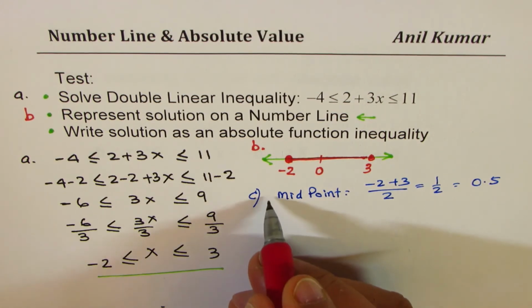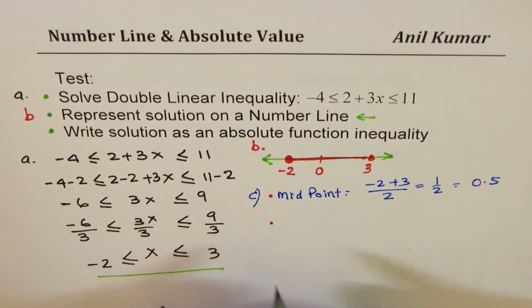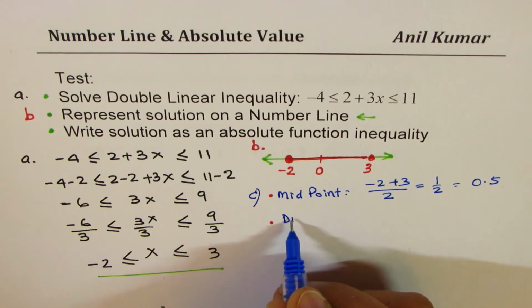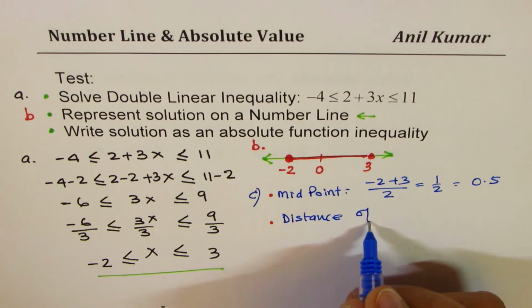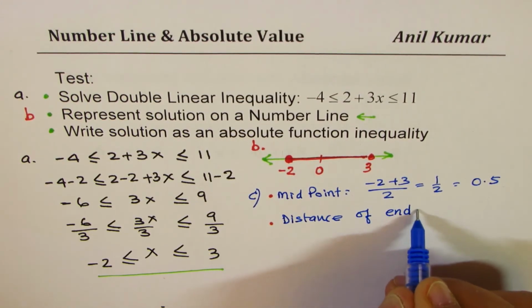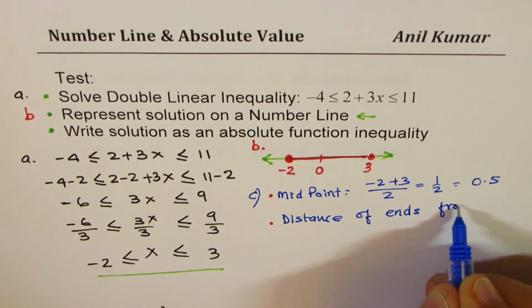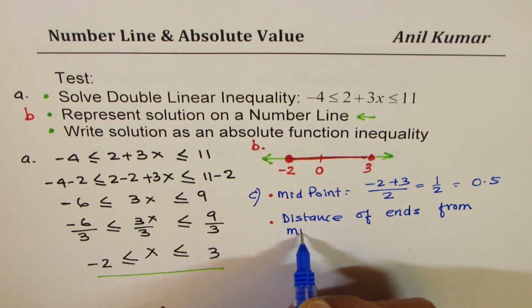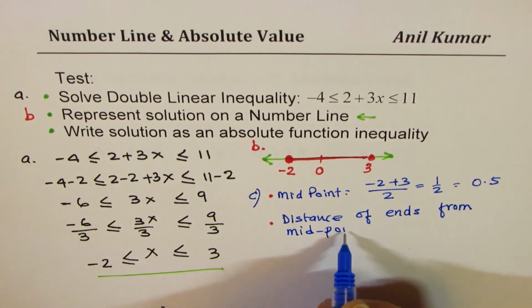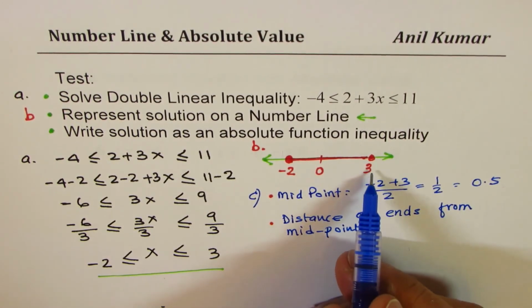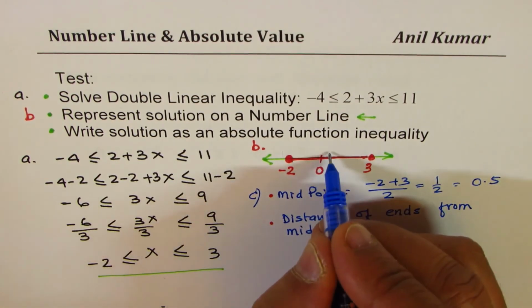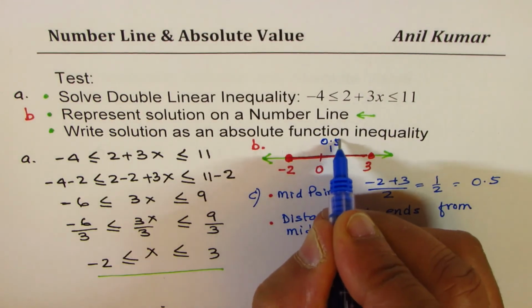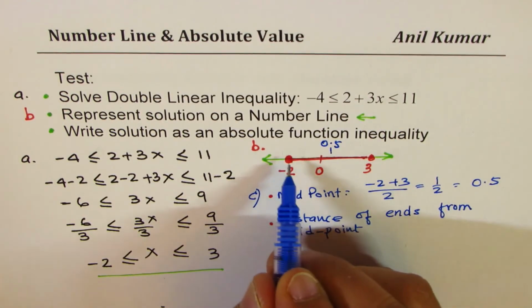Now in this case, the midpoint will be minus 2 plus 3 divided by 2, which is half, or you can write 0.5. Once you get the midpoint, then the next step for you is to figure out how far the end is from the midpoint. So distance of ends from midpoint.